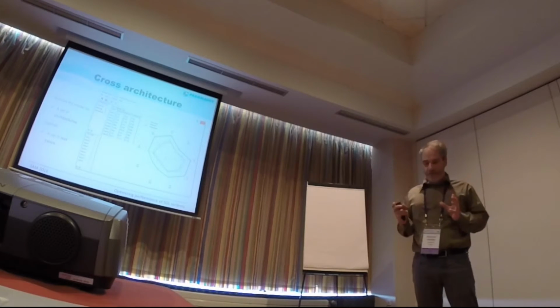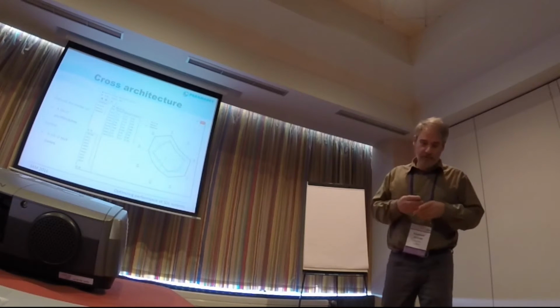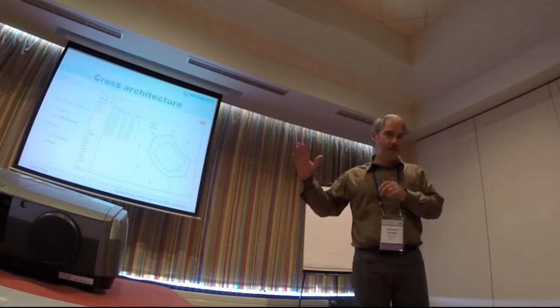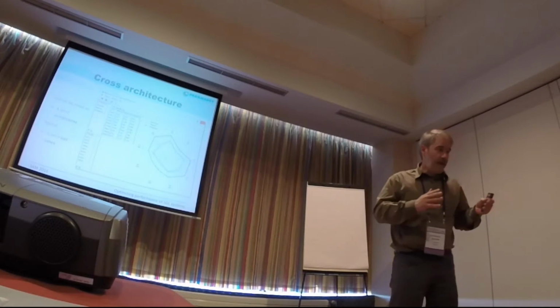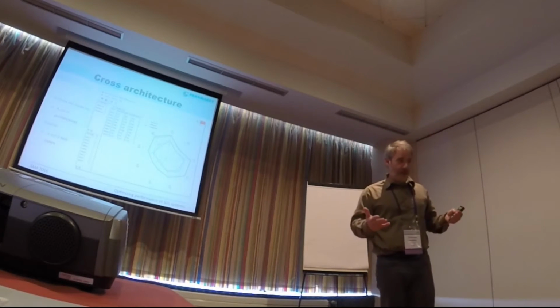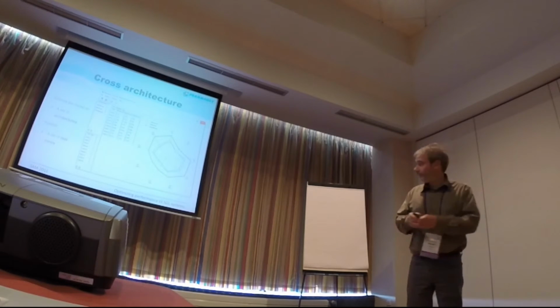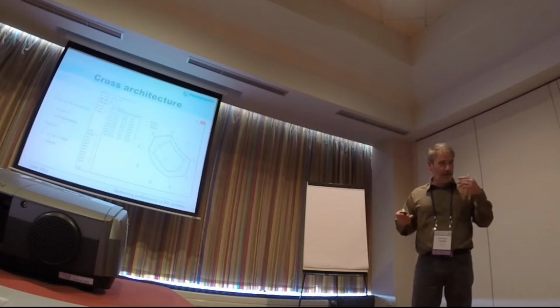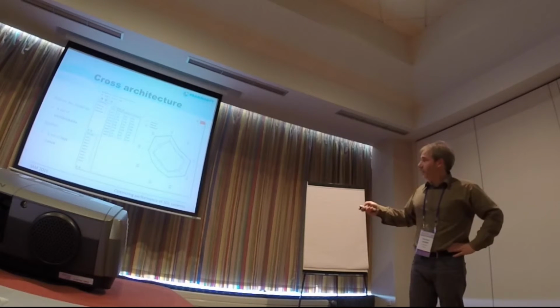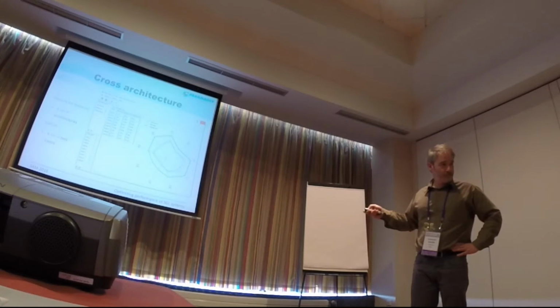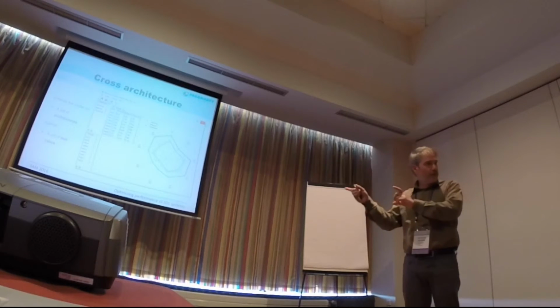Now, what we have done in the tool is, because you have a lot of test cases against one model, and you have different architectures, we wanted to build up a matrix of the results. So what we do automatically is that you define a set of architectures. So it's deployment diagrams, basically.